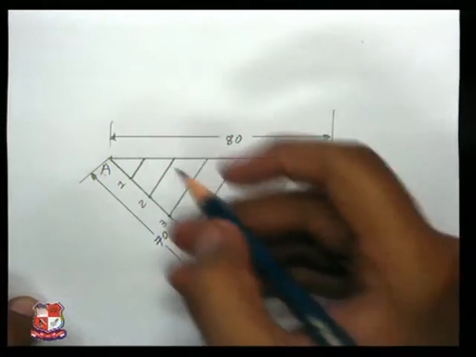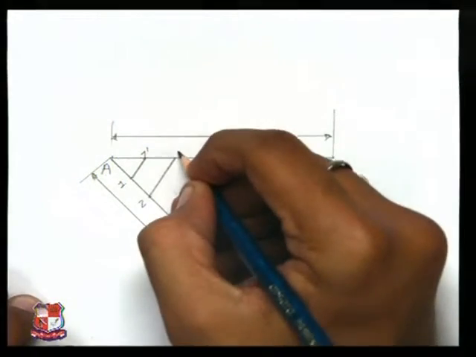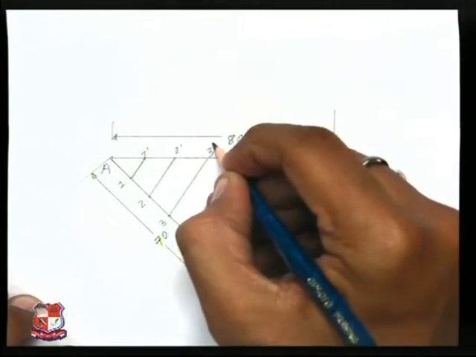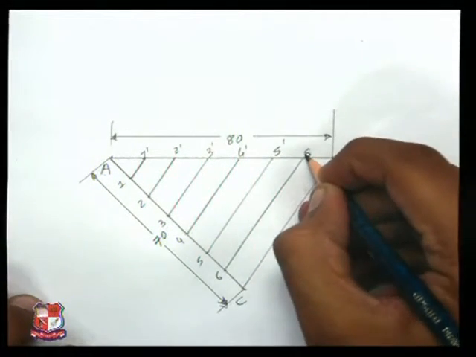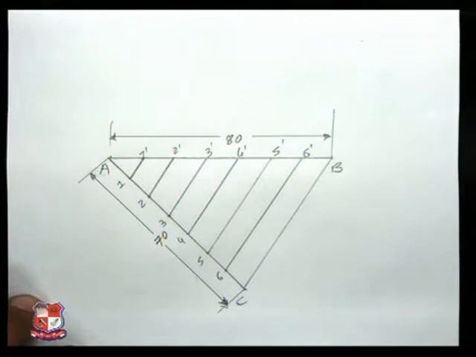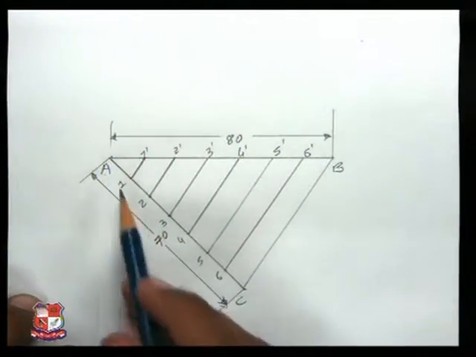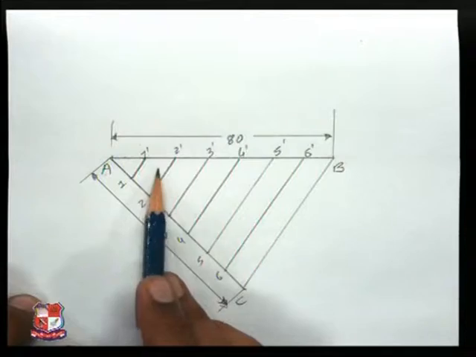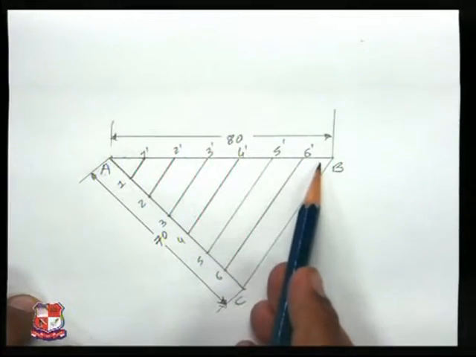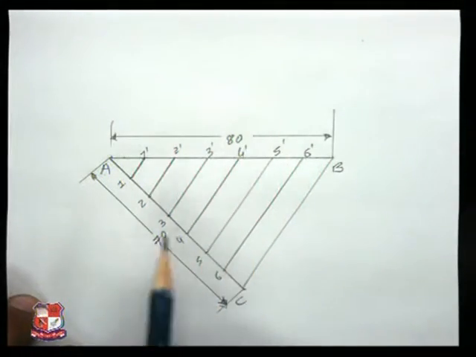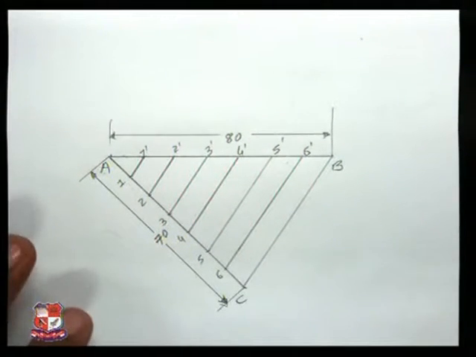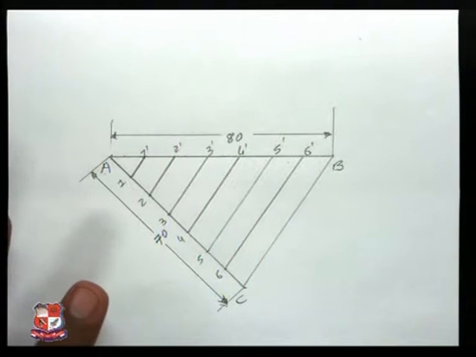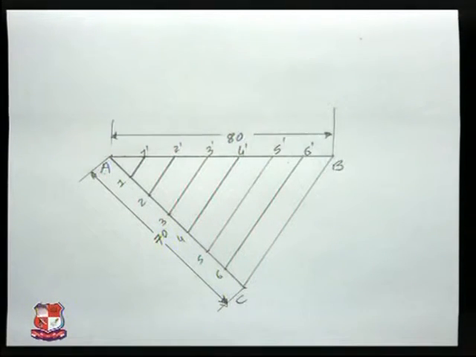That's it. We have got 7 equal parts of the 80 mm long line. I have given the nomenclature to the achieved points: 1, 2, 3, 4, 5, 6 and 7. All parts are equal. You can use this method to divide a line into equal parts of unknown dimensions.